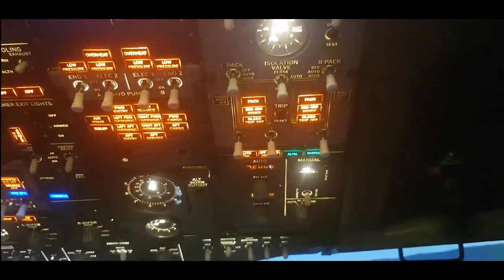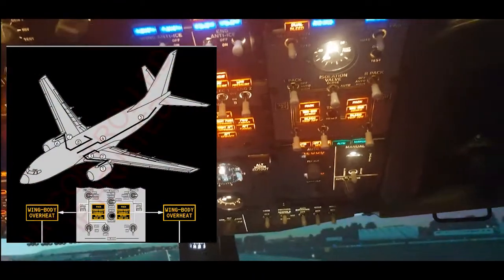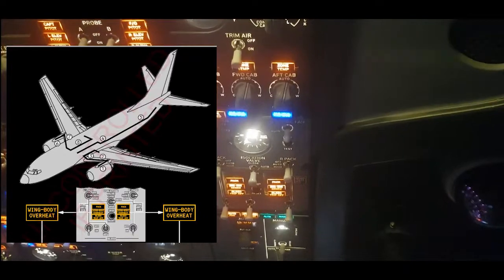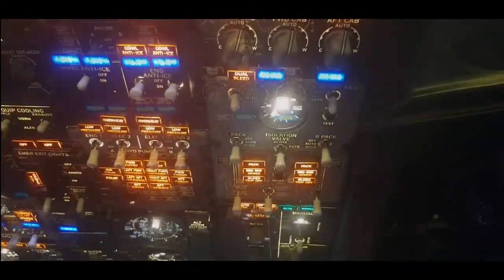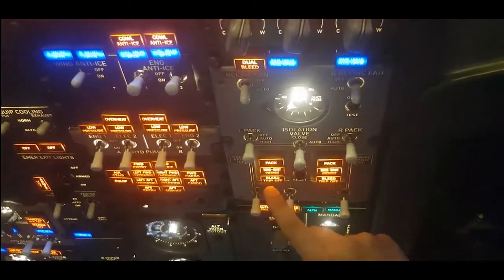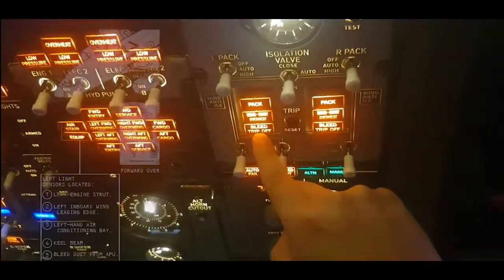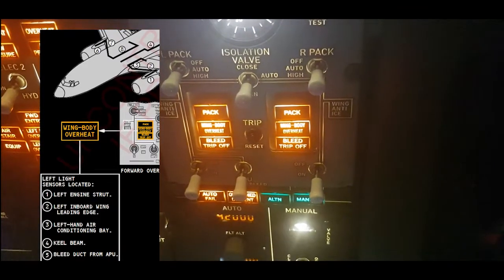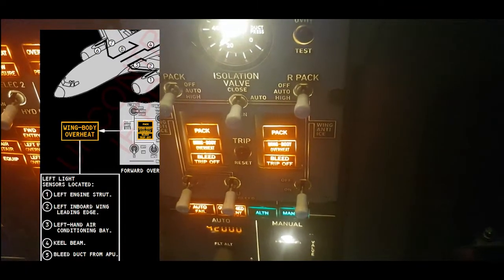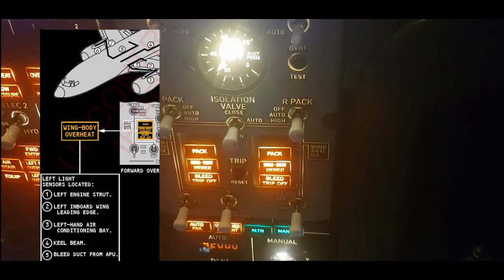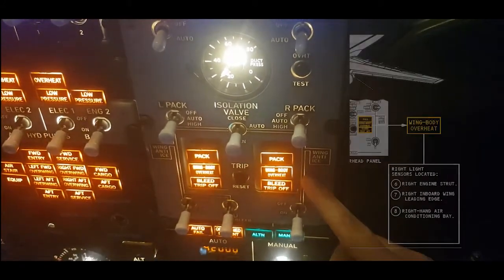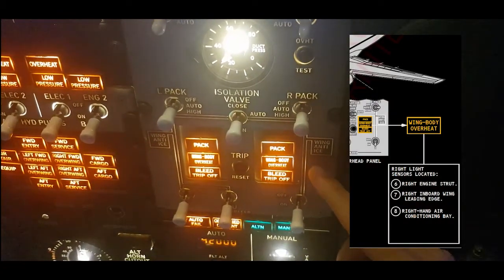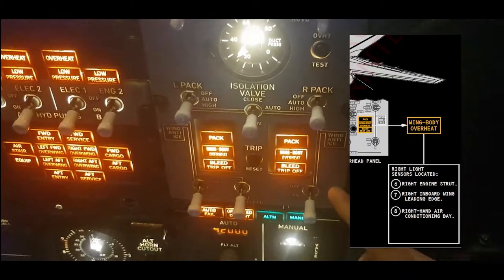This system monitors ducts in the wing and engine strut areas, the air conditioning bays, and the bleed duct from the APU. When the left wing body overheat light illuminates, this one here, the system has found a leak in the left side of the bleed air system, which includes the duct from the APU. And if we have the right light illuminating, the system has detected a leak in the right side of the bleed air system.